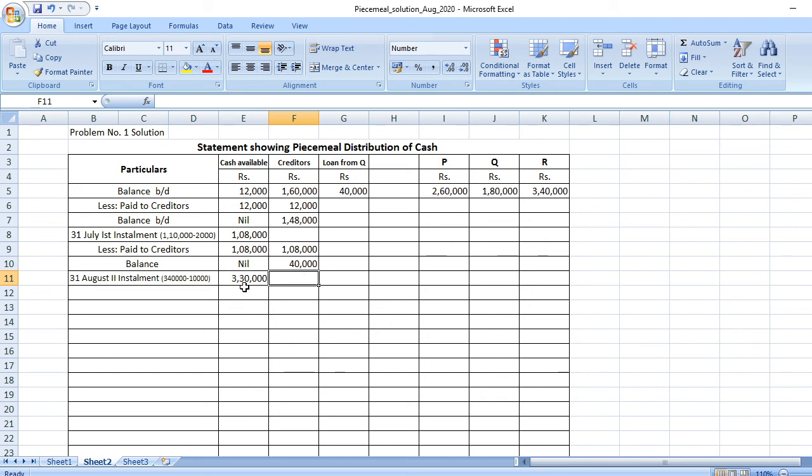Now from this 3,30,000 we can easily pay the 40,000 to creditors.